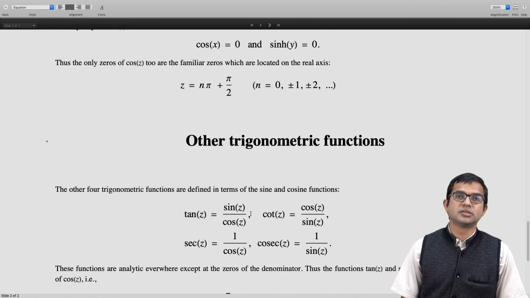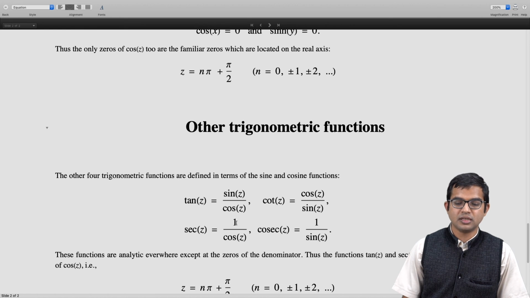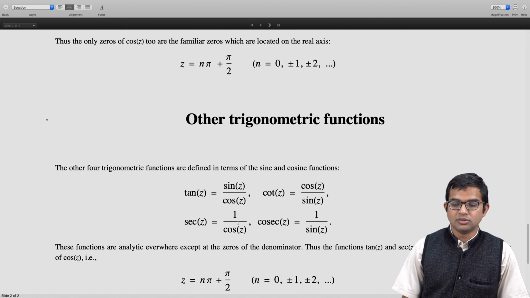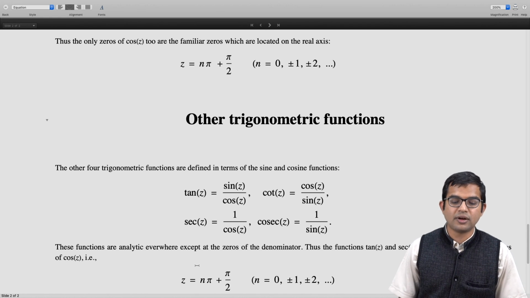Now these functions are also analytic everywhere except those points where the denominator goes to 0, right? So tan of z is analytic unless cosine of z is 0, which we have seen happens at these points z equal to n pi plus pi by 2. They all lie on the real axis. So these are the singularities of these functions.